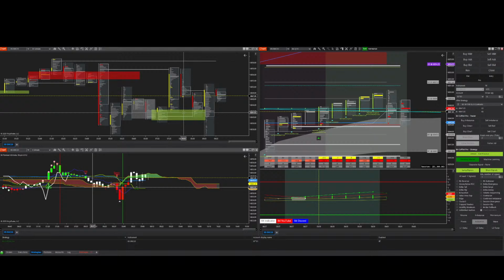I'm using it as a 30-minute. I got a 30-minute candle here. You can also do 1 hour and 4 hour and 2 hour, all that stuff, but I find that 30-minute is the sweet spot for your intraday sessions.